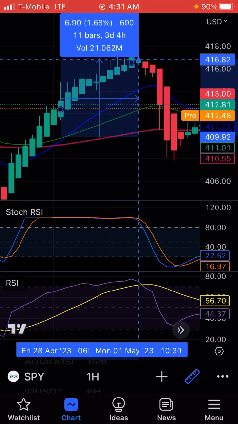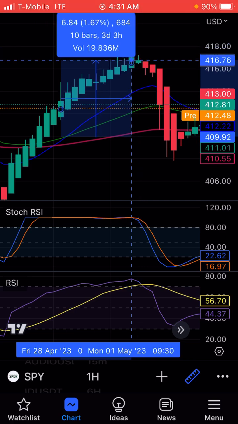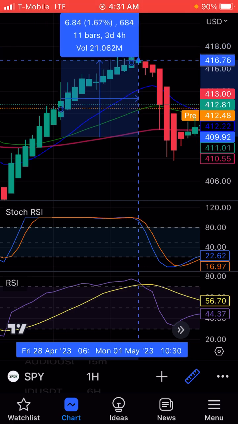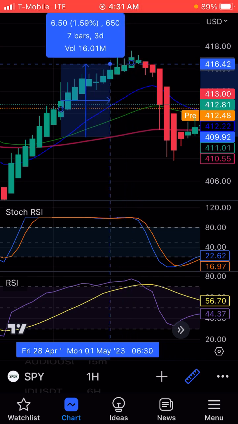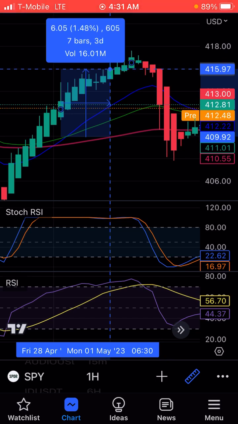So you use the EMAs, the 9 and the 20, to see where you get in. You look at your RSI to see where you get out. So let's do 3 days. So this is 3 days. If you held a contract out for 3 days, $6 difference in price, that's about $300.